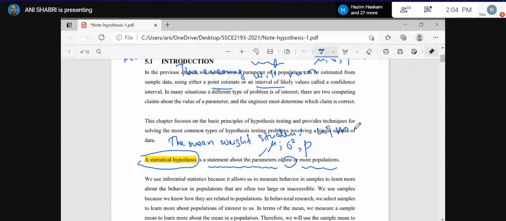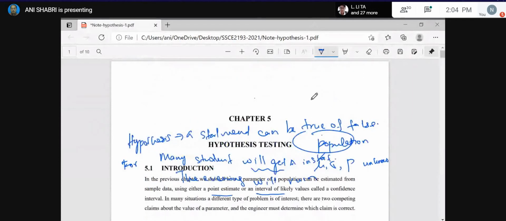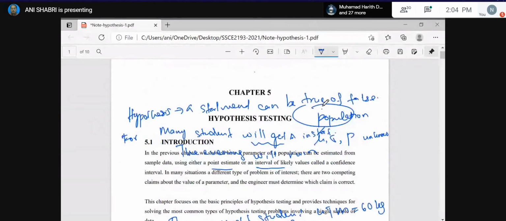Okay, I already told you that normally we don't know the value of the mean and proportion. In this case we make a hypothesis. After that, we use the sample to make a conclusion. Okay, this one is the hypothesis. These are the step-by-step of hypothesis testing.